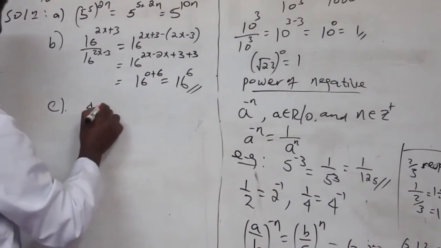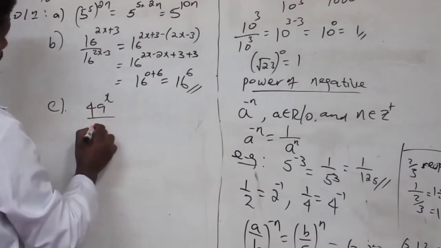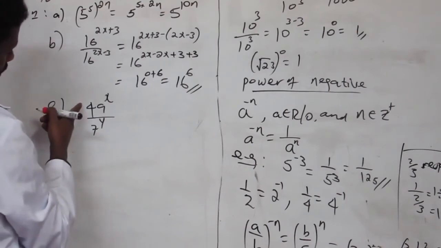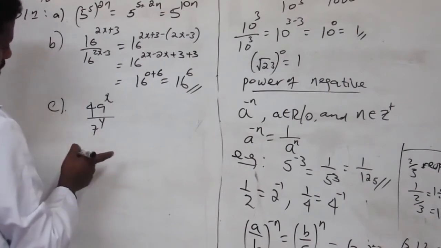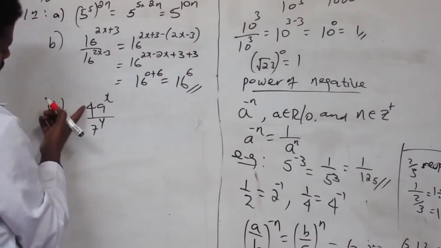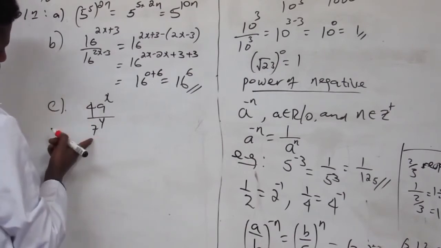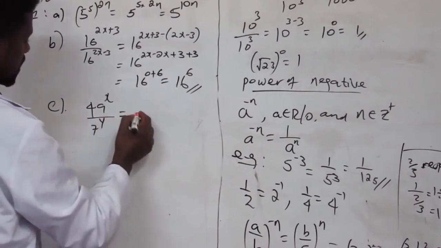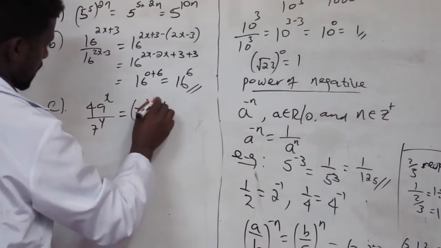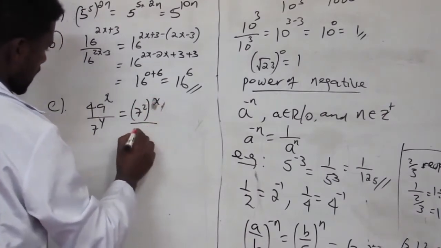C, 49 to the power of x divided by 7 to the power of y. Now the numbers 49 and 7 are different, so we can change the number 49 to base 7. This means 7 squared, the whole to the power of x, divided by 7 to the power of y.